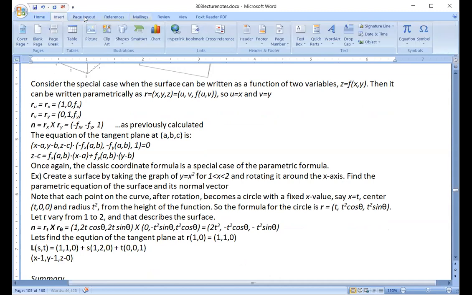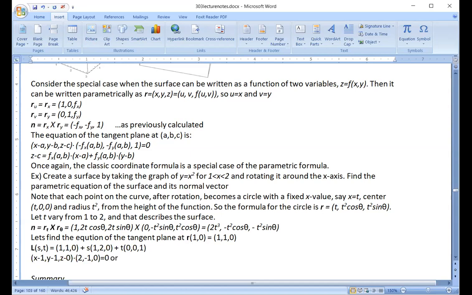And then we would need to take the dot product with the normal vector at that point. Plugging in (1, 1, 0) would give you (2, −1, 0). And that would have to equal 0. So there's the formula written out.